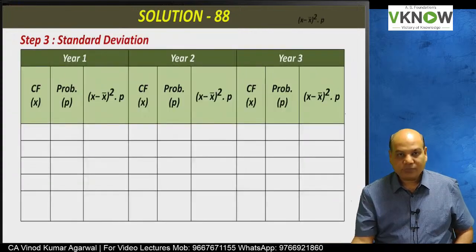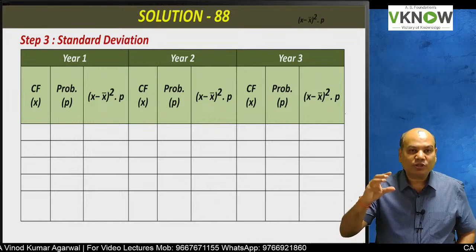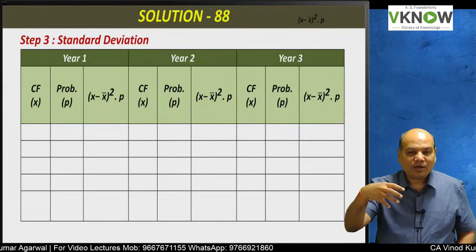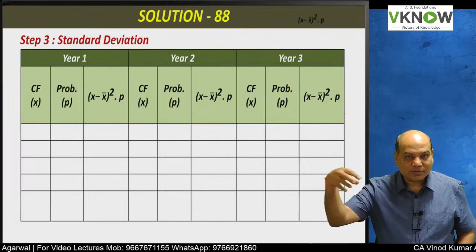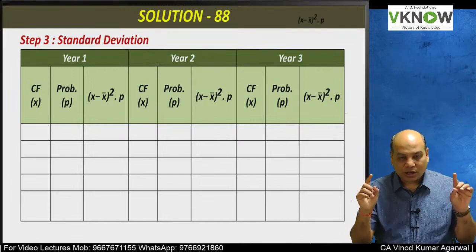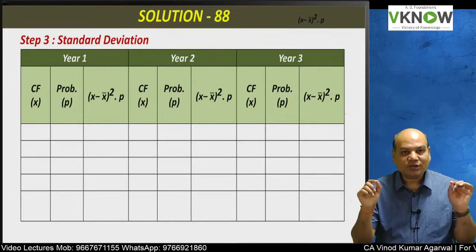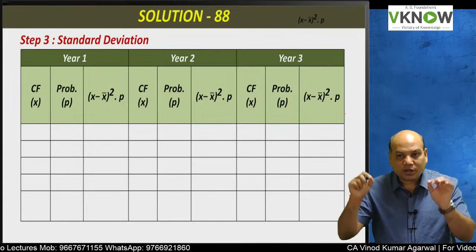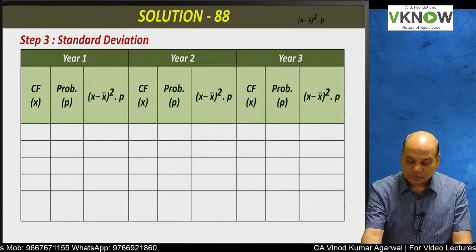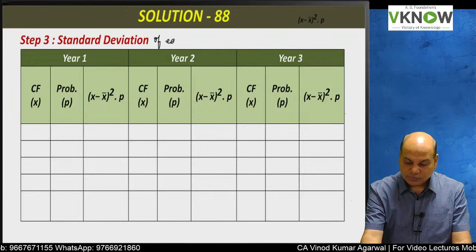For the second answer, we have to find the possible deviation of NPV. This question has given you 3 years and CFAT and probability. So I need to first compute the standard deviation of each year. Then I will apply the Hillier model.